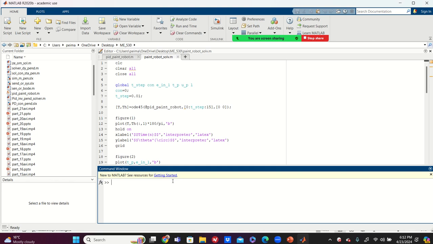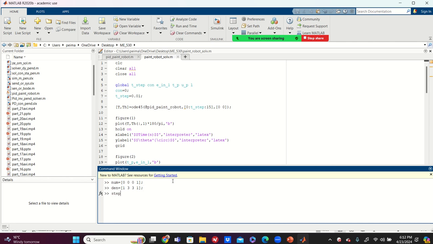Okay, guys, suppose your num, as I taught you, is 0, 0, 0, 1, a third order system, and den is 1, 3, 3, and 1.